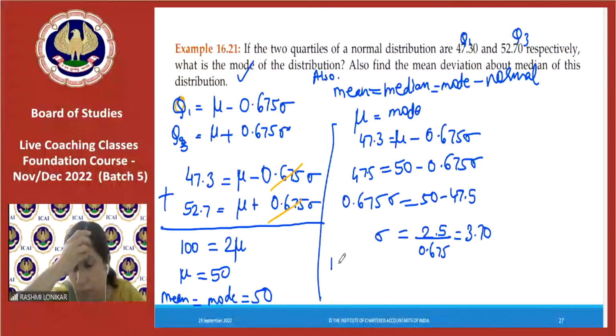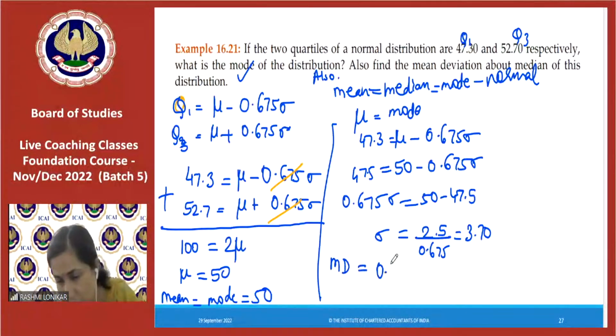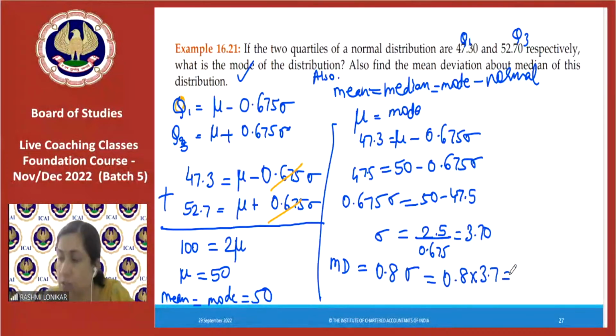What is the mean deviation? Mean deviation is equal to 0.8 times sigma. So 0.8 into 3.7 gives me 2.96, which is nearly equal to 3.